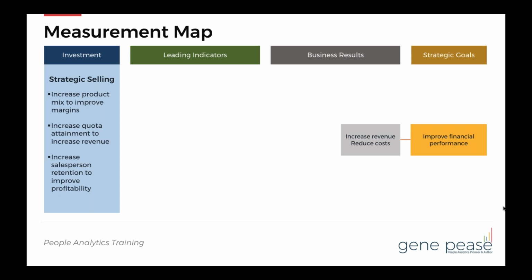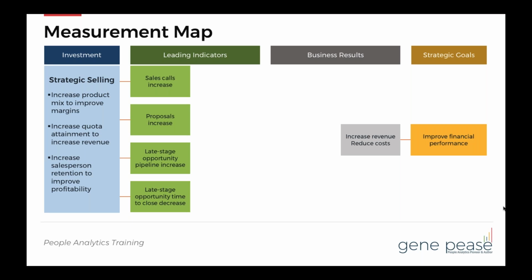So if this program was successful, I would expect my salespeople would have more sales calls. Thus, they would have more proposals that they would write. And then in my sales pipeline, I would expect late stage, which is those opportunities that are close to closing, I would expect to have more of those, and I would expect to close more of those quicker.